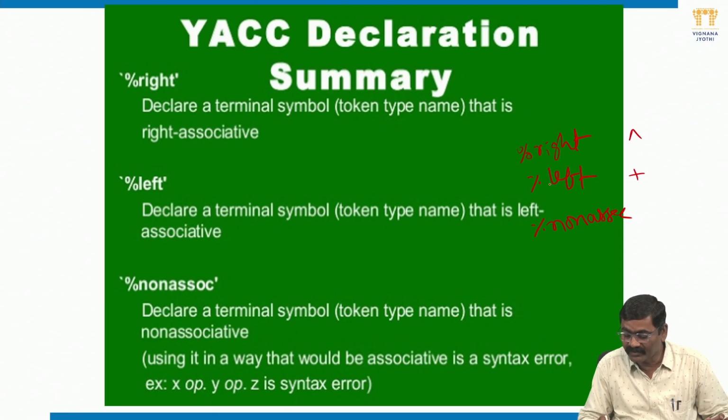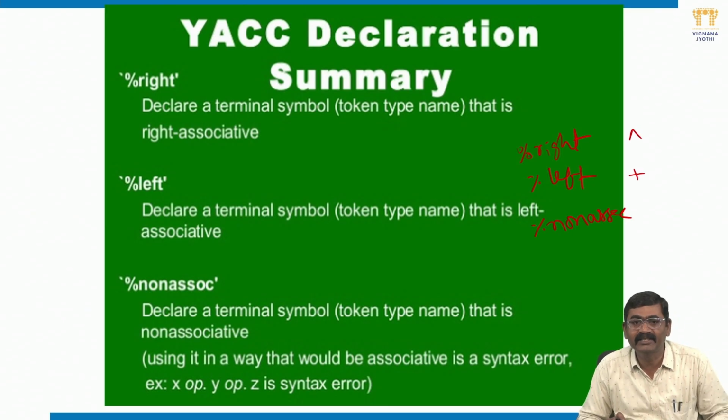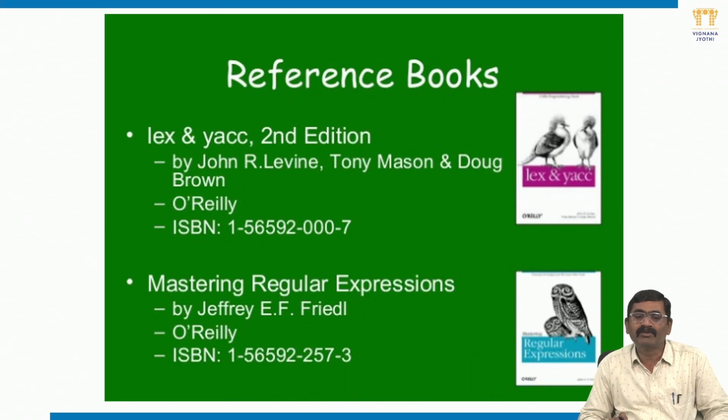So therefore this can be declared as %left followed by plus. Like this we can use some keywords in the declaration section as well. So these are two important books you can refer to get more information in writing the YACC program.